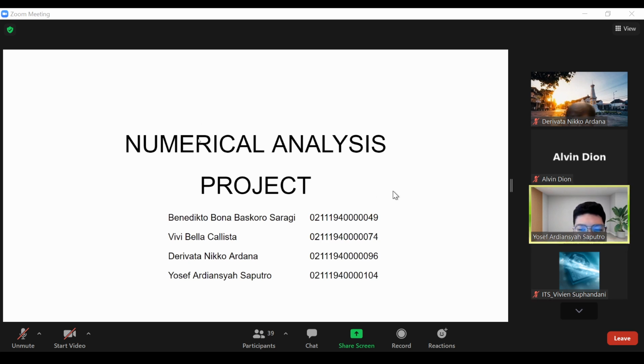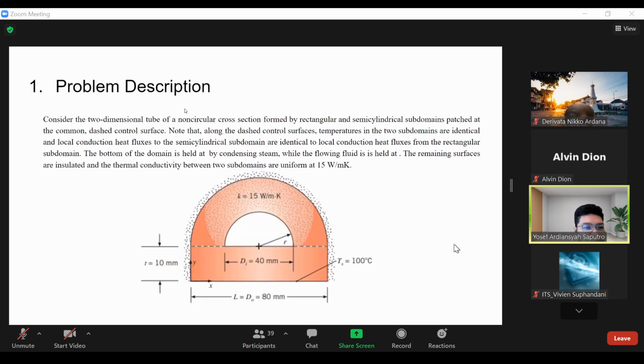Good morning, ma'am Vivin, and everybody. Today, we are going to present our project about the two-dimensional cube of non-circular cross-section. Maybe we can start from Nico.